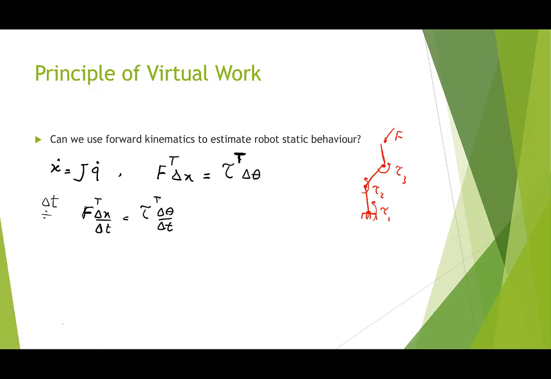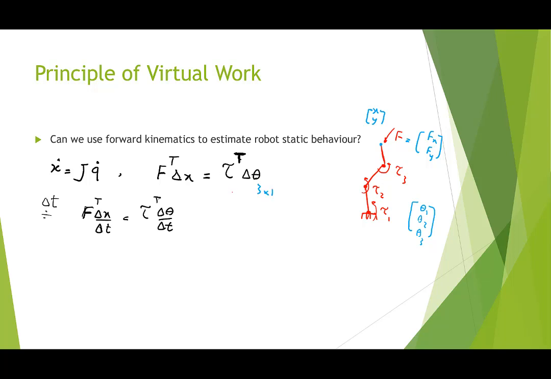Assume our end effector position is x and y. The force that we have has two components, Fx and Fy. And our joint space is theta 1, theta 2, theta 3. We have three joints, so delta theta is 3 by 1.